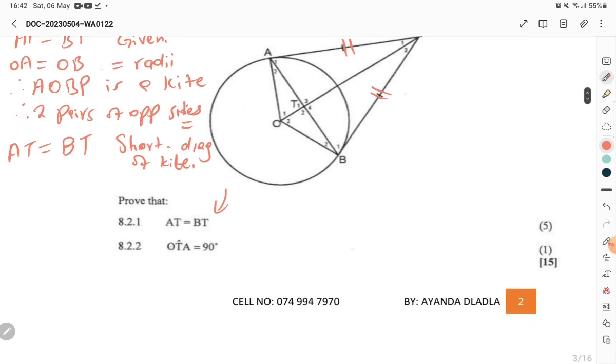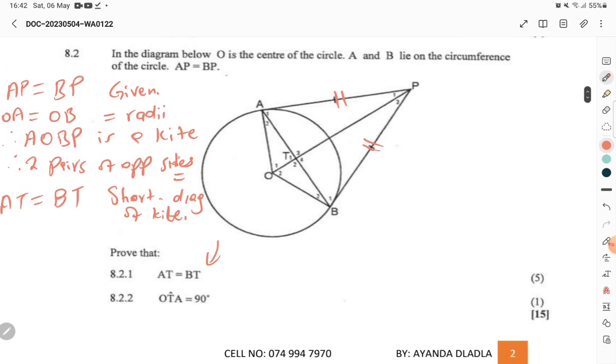Then we had to prove that angle OTA is 90 degrees, right? I don't think we need to do calculations here. We can even see the mark. Angle OTA has to be equal to 90 degrees. We can say this is because of the diagonals of a kite.